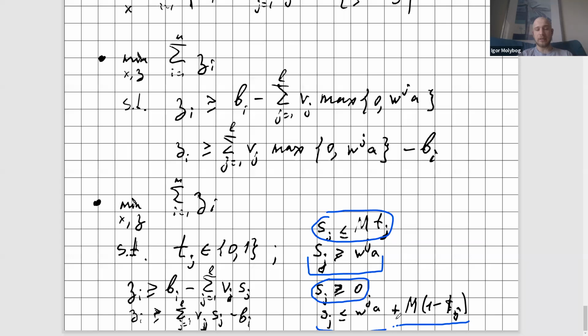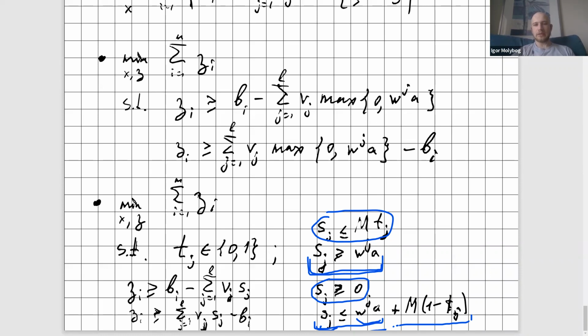This is telling us that if tj is equal to 1, then sj must be equal to wja, because we know that sj is greater than or equal than wja, and also if tj is equal to 1, then sj is less than or equal than wja. Therefore, if tj is equal to 1, sj is equal to wja. Therefore, we have concluded that if tj is equal to 0, sj is equal to 0, and if tj is equal to 1, then sj must be equal to wja.